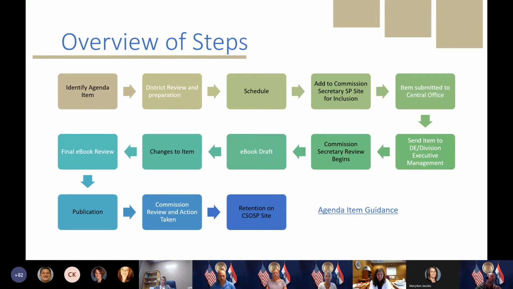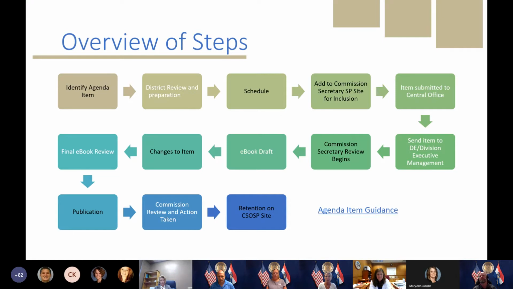Next step is, upon their approval, you need to email the agenda item to the group called Commission Exhibit for additional review. Again, see the references on the Commission Secretary SharePoint site for detailed directions on how to properly prepare the agenda item.